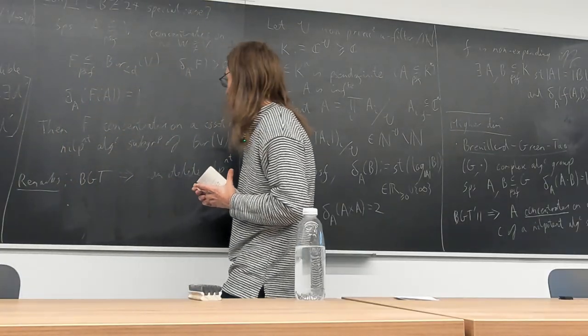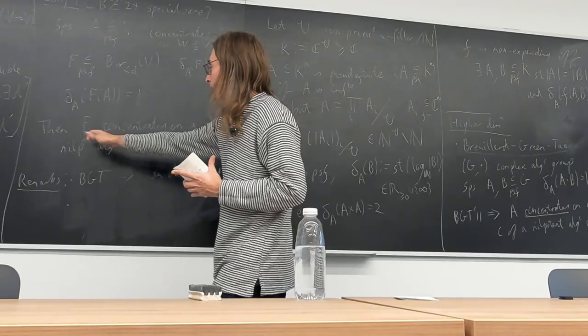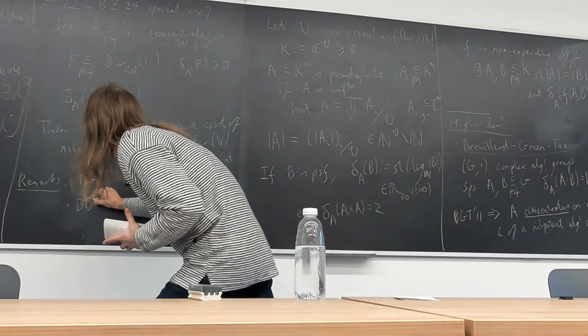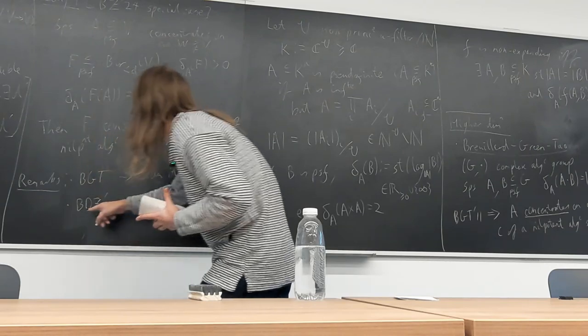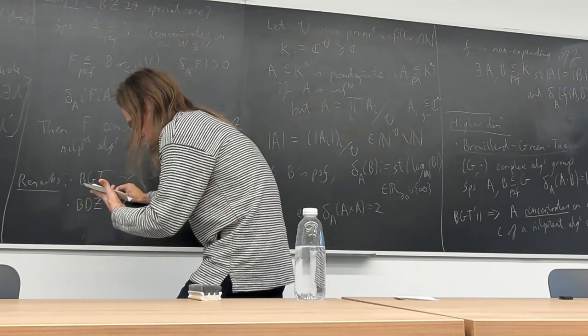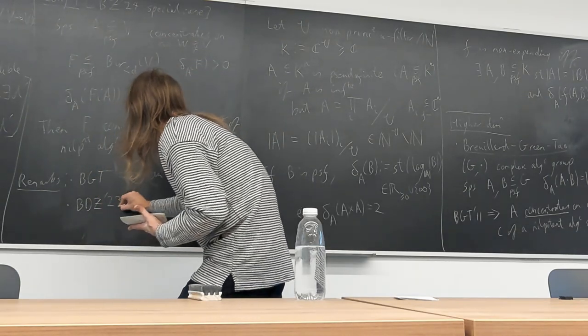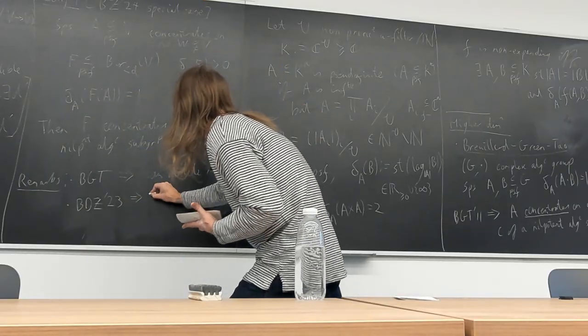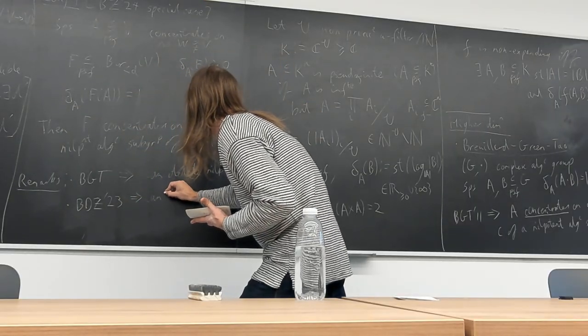And the other point is that we can't strengthen this, we can't get better than nilpotent here. Sharpness was something we proved with Dobrovolsky and Zoe in 23 on arXiv, which is that we can't strengthen nilpotent.